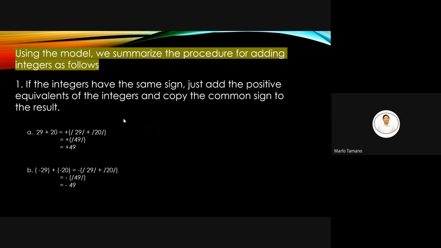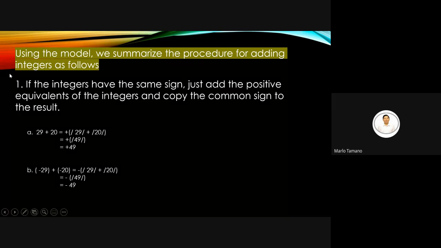Using the model, we summarize the procedure for adding integers as follows. Number 1, if the integers have the same sign, just add the positive equivalence of the integers and copy the common sign to the result. Simple lang, okay? Kapag nag-add daw tayo, you simply add the positive equivalence of the integers, then copy the common sign.